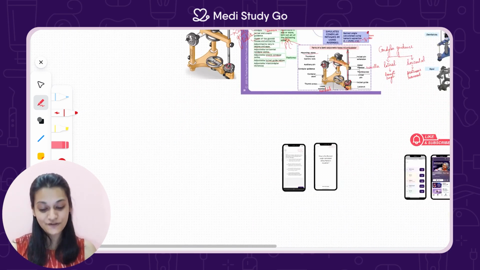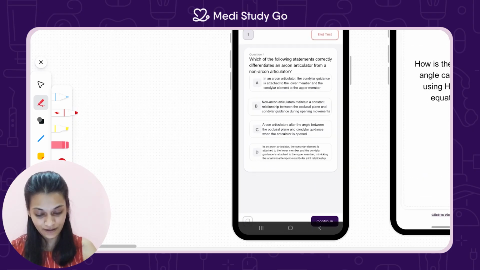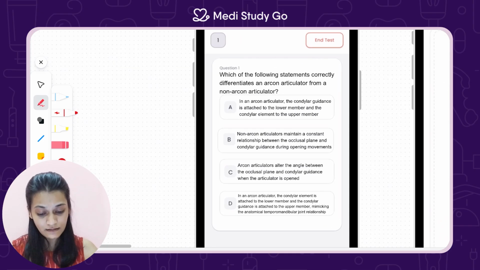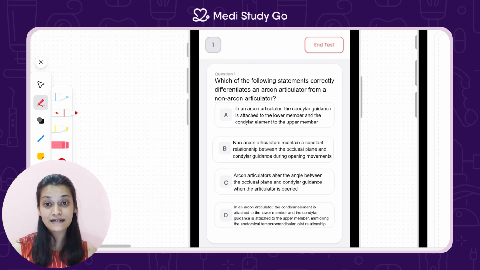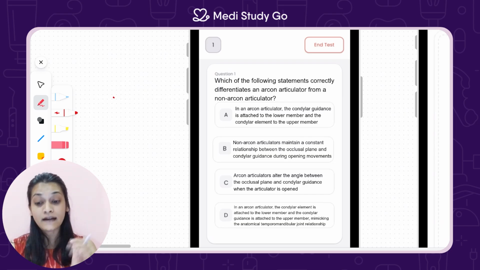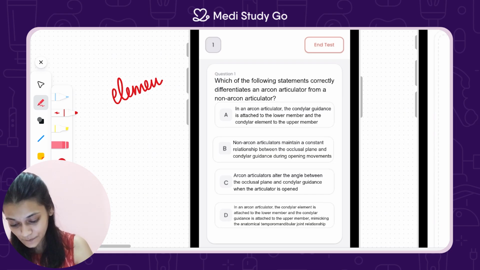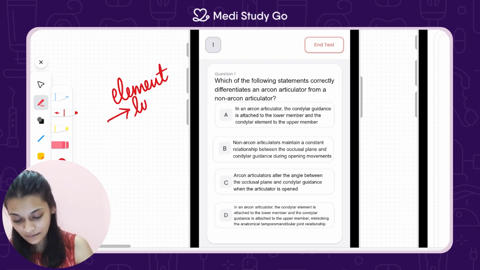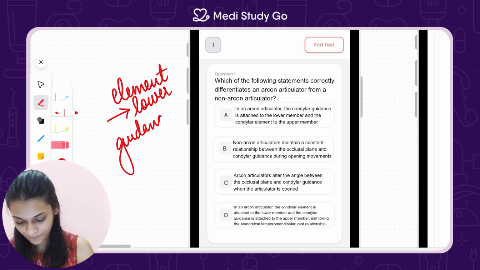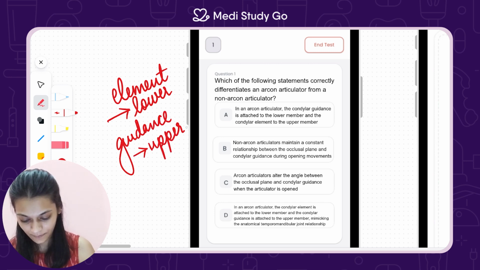Now let's just quickly solve the MCQs and the flashcard. So which of the following statements correctly differentiates an arcon articulator from non-arcon? I know one thing. Condylar element should be in the lower while guidance should be in the upper.